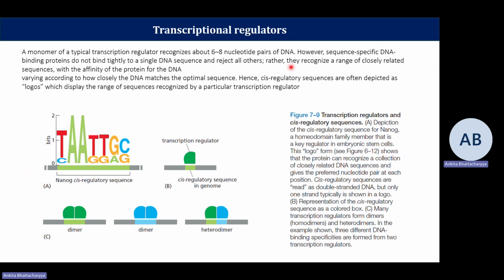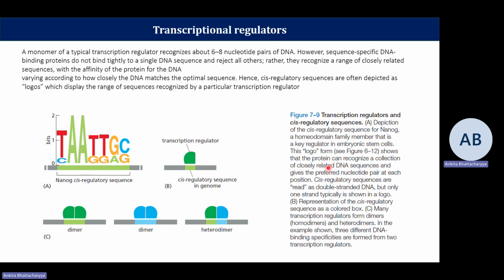Cis regulatory sequences, therefore, are often depicted as these logos, as I have shown here, which display the range of sequences that may be recognized by a particular transcription factor. So this depicts the cis regulatory sequence for NANOG, which is a homeodomain member transcription factor, which has a role in development of embryonic stem cells.